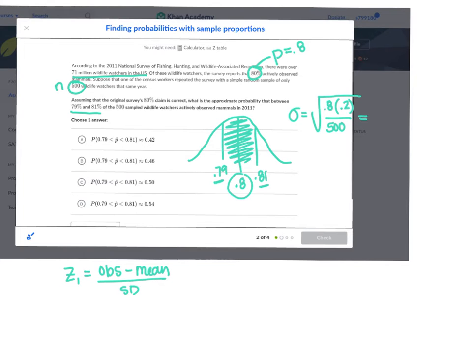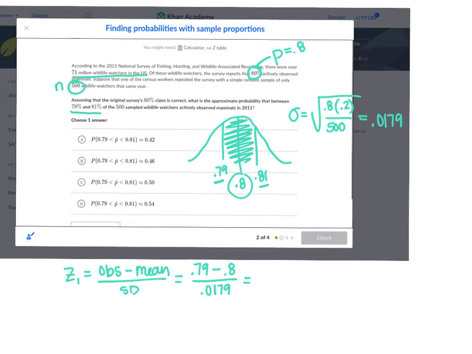So the square root of 0.8 times 0.2, and in the denominator I have 500, so I'm going to get 0.0179. We'll just use that for our standard deviation. All right, so my first one is going to be 0.79 minus the mean divided by the standard deviation.